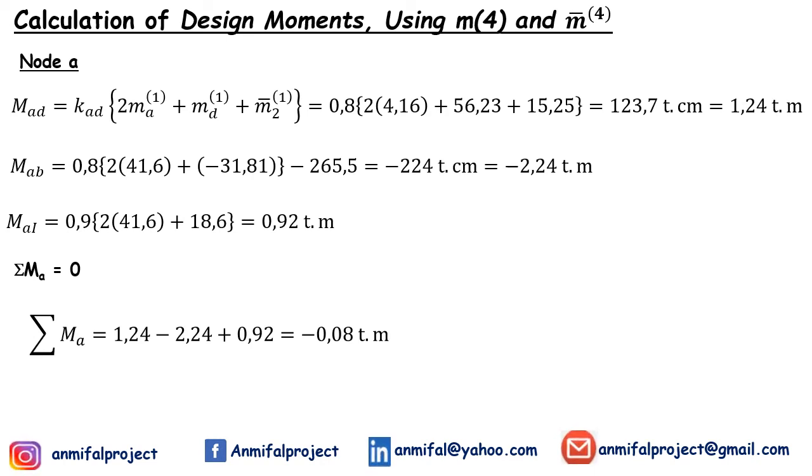Of course, we have a theory here that the total bending moment that will occur in these nodes, in this case node A, is 0. By utilizing the moment rotation at the fourth iteration, we have not 0 but minus 0.08 ton meters.